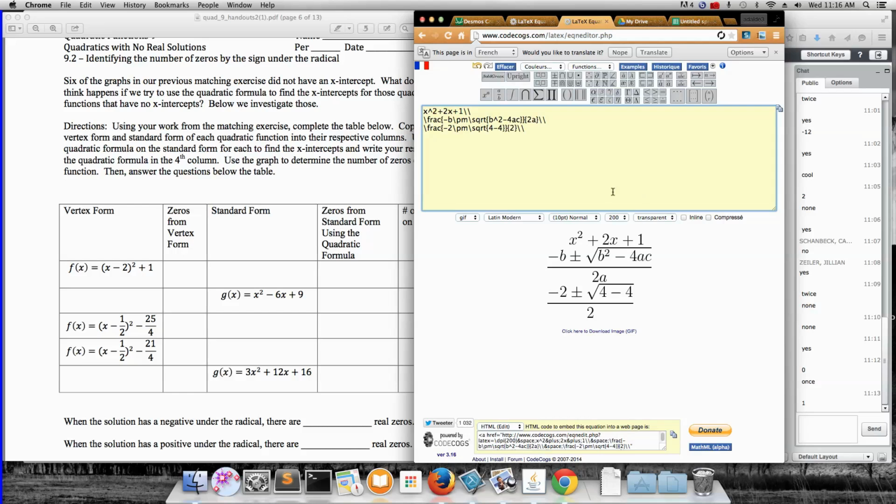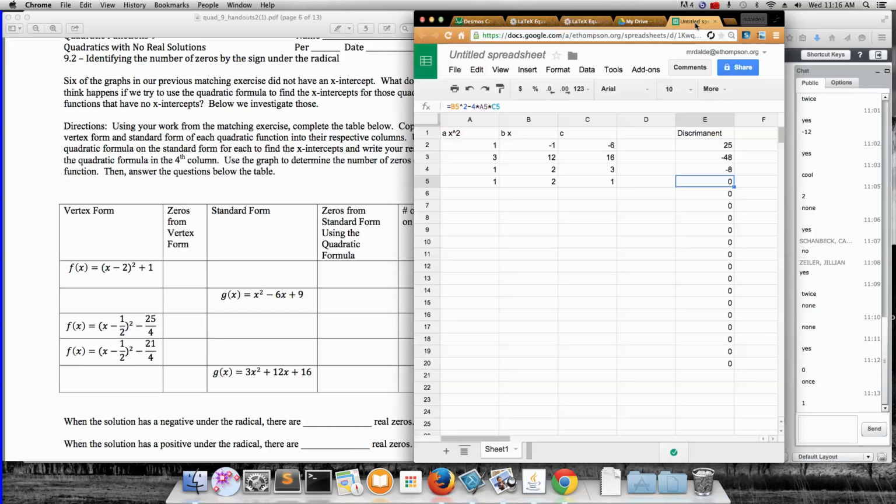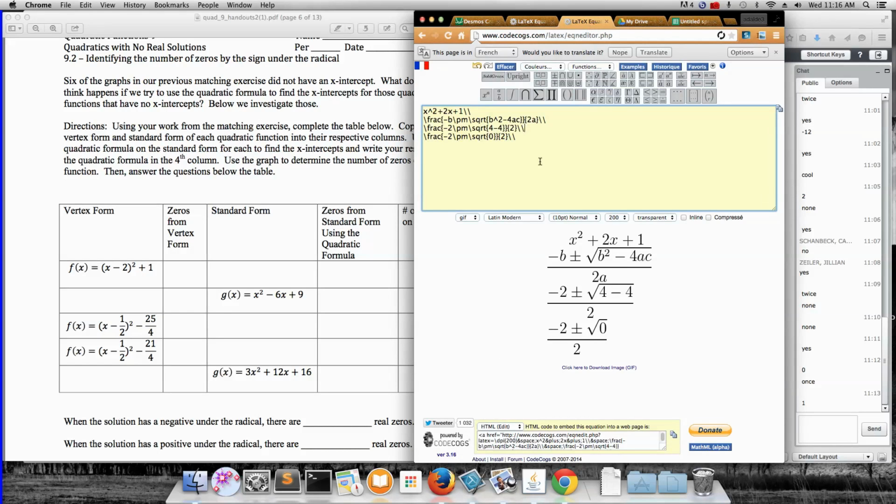Now, inside that square root, notice what happens. 4 minus 4, that's 0. And like I said, the discriminant is 0, right? We already knew that because we had our spreadsheet calculate it for us, and it told us the discriminant is 0. So what is negative 2 plus 0?